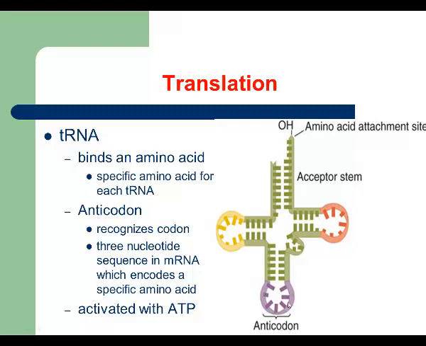Then that information will be passed to the amino acid side, and on this side tRNA carries the amino acid which is encoded by the specific codon. Please remember, each tRNA can only recognize one specific codon on messenger RNA.